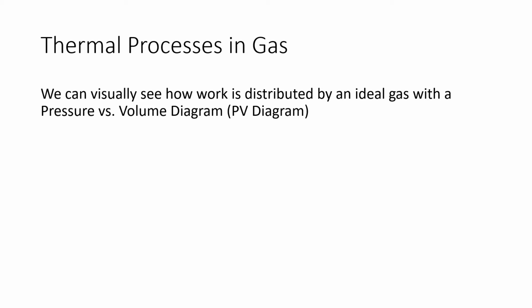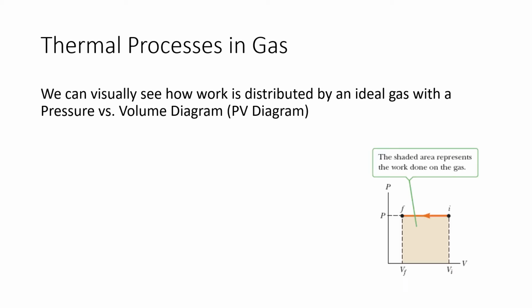We're going to be using what's called a PV diagram, pressure versus volume diagram. And there are some things that will make this easier. Let me put that one up first.